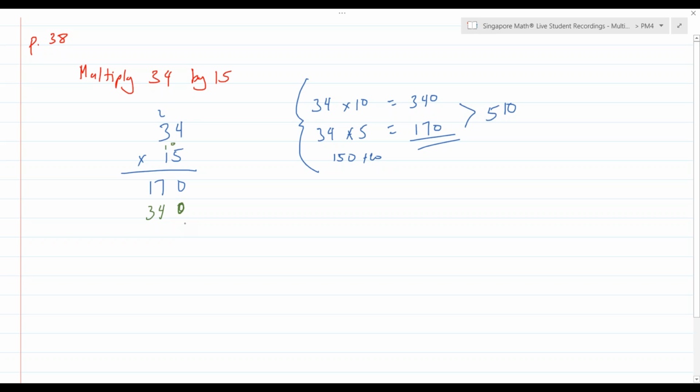All we did in the last exercise was multiply by 10 and end up with a 0 in the ones column. And then 1 times 4 is 4, and 1 times 3 is 3. And when I combine these for a final answer and add them together, 7 and 4 makes 11, 3 and 1 make 5. That gives me 510.